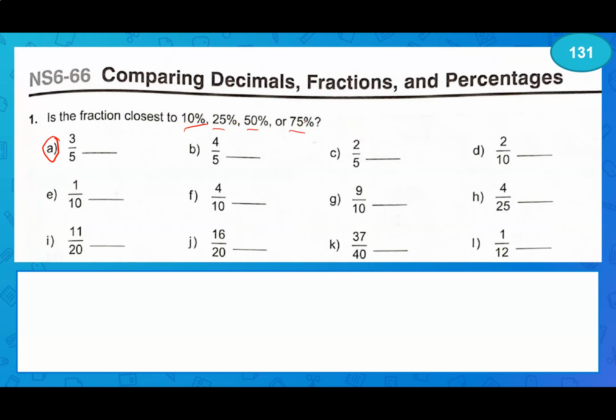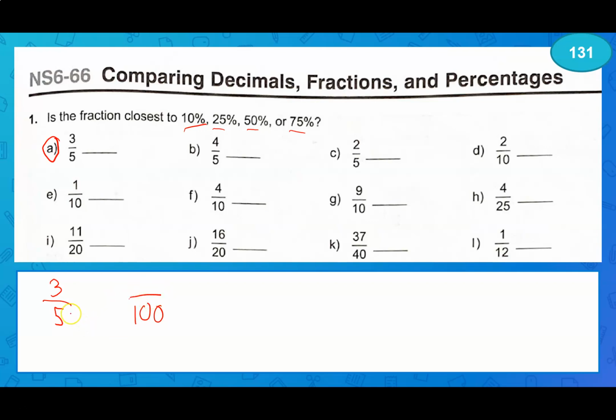So for the first one, we're going to use equivalent fractions to create a fraction with a denominator out of 100. That will allow us to directly compare 3/5 to those percentage values. So we know that 3/5 can be made into an equivalent fraction with a denominator of 100.